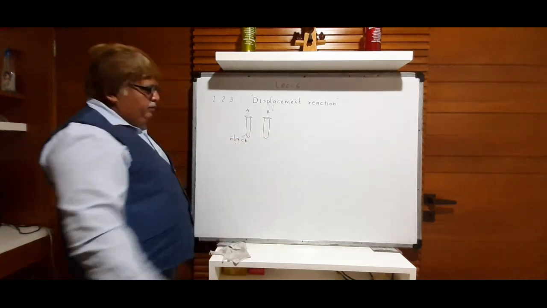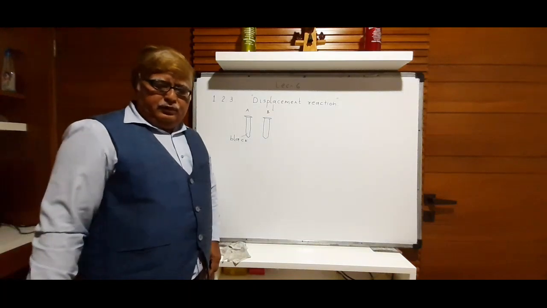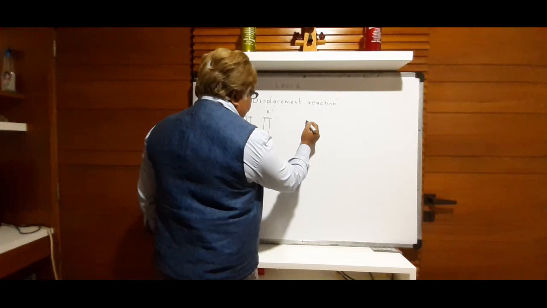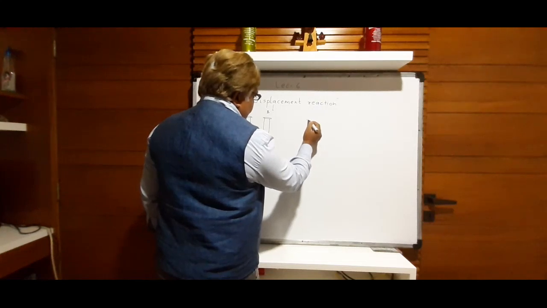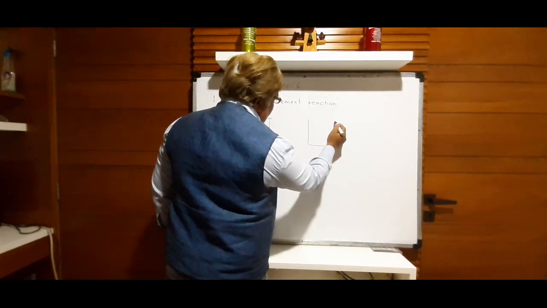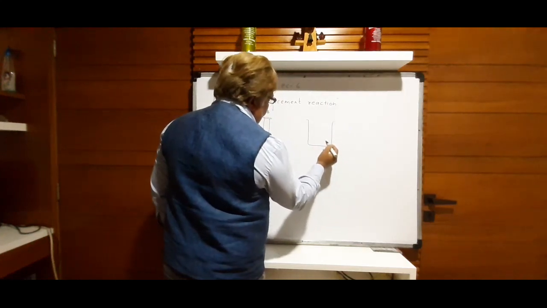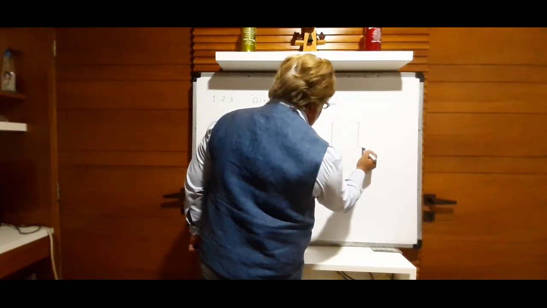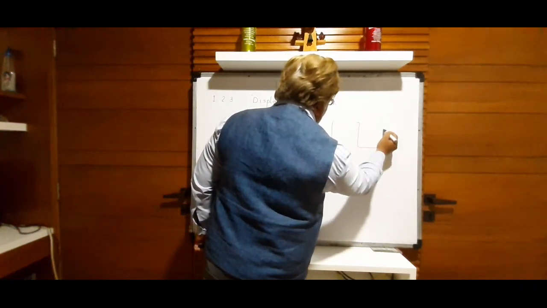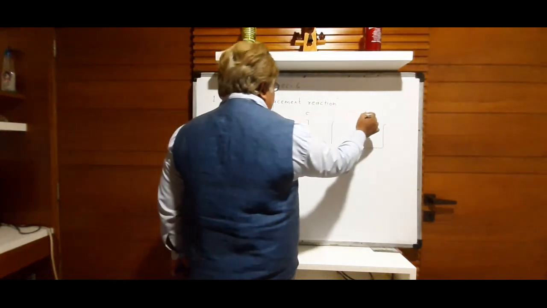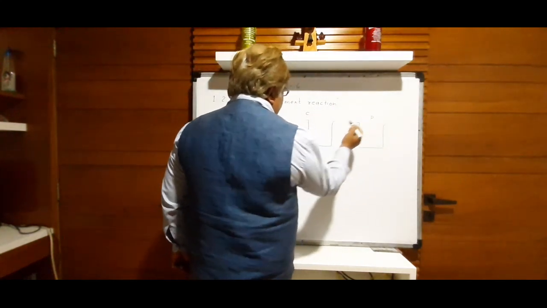I have taken two iron nails, and take two test tubes also. Suppose two beakers or test tubes, whatever. Suppose two beakers I have taken. I may call them C and D, just to label them.